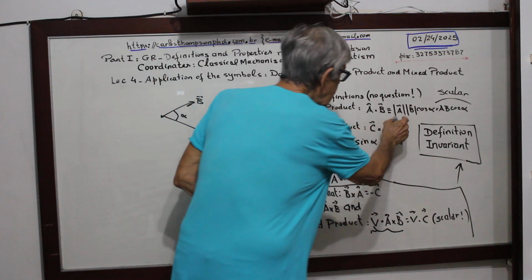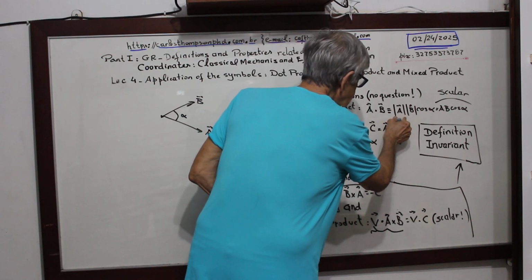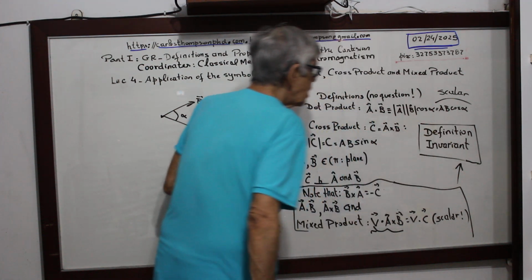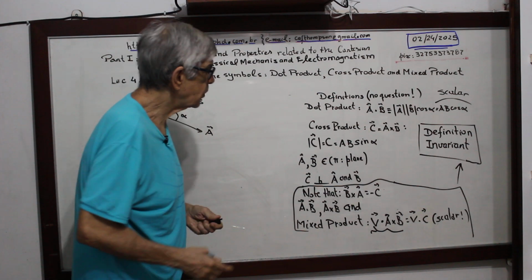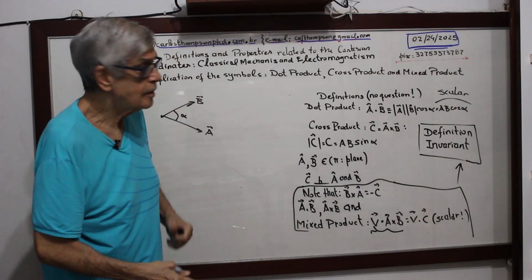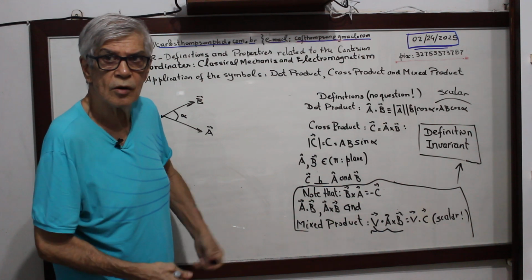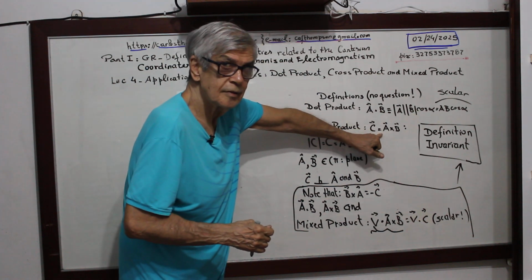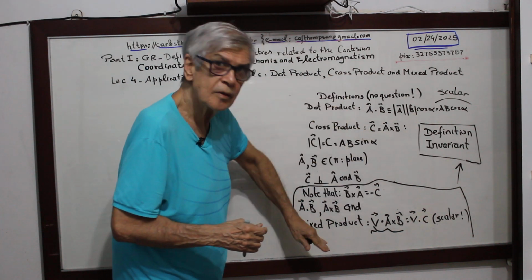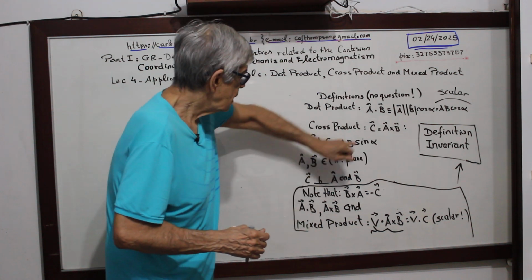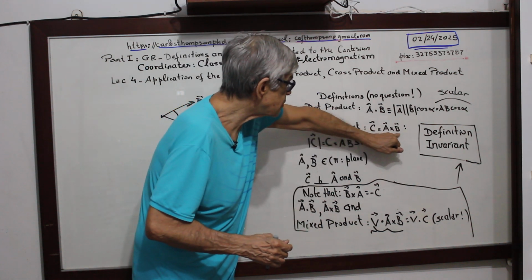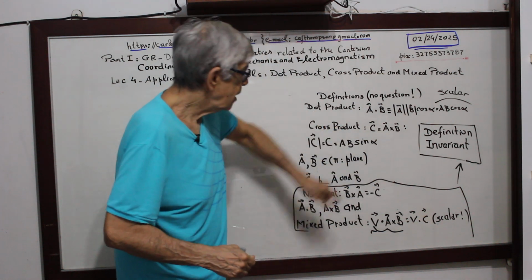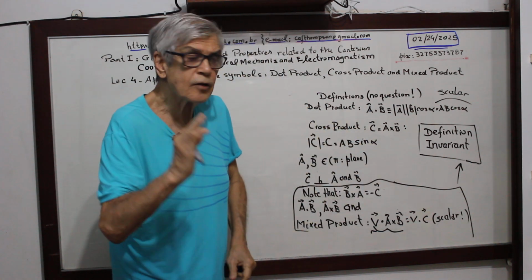In general, I use the notation A without arrow and B without arrow, just to tell you that it is the modulus or intensity of the vector A. By definition, cross product depends on the coordinate system. Vector C is A cross B. By definition, A cross B is a vector.